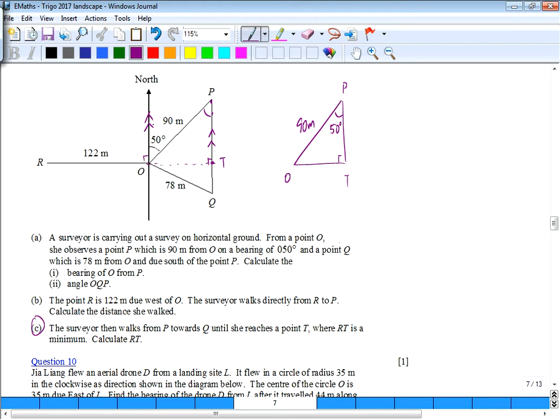So to find OT, we need the opposite and the hypotenuse. Sine 50 degrees equals OT over 90. And RT equals RO plus OT, which equals 122 plus 90.